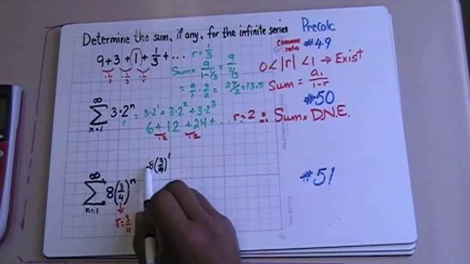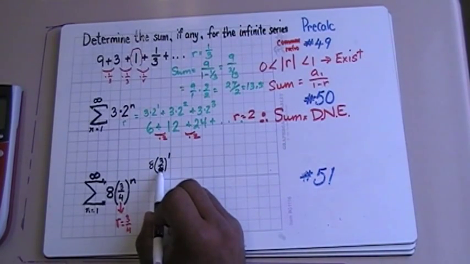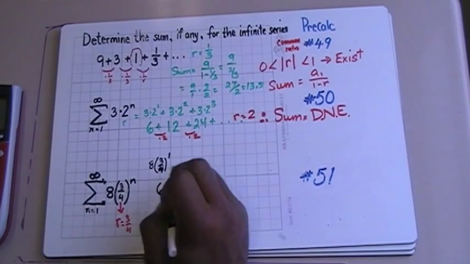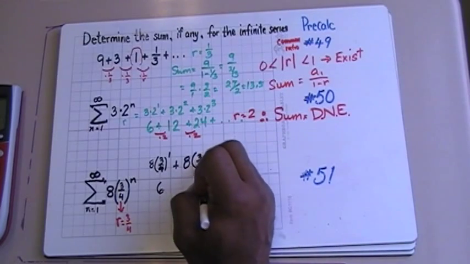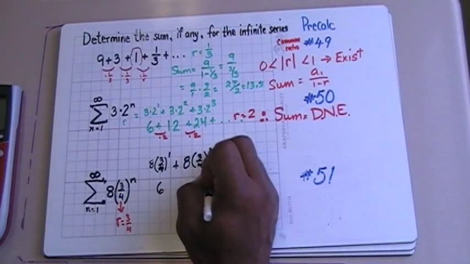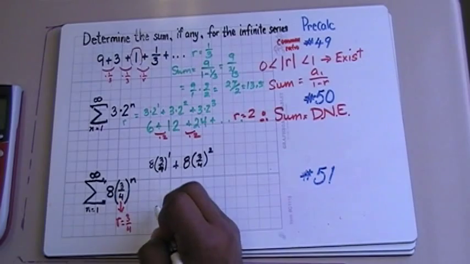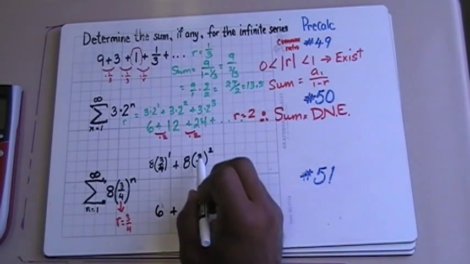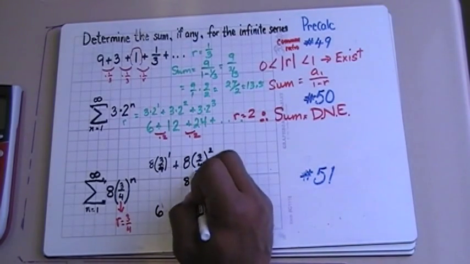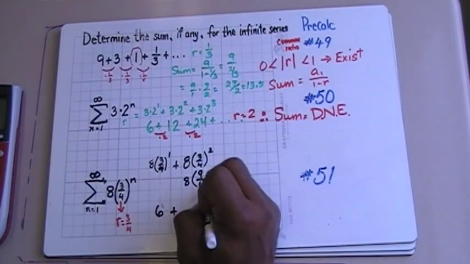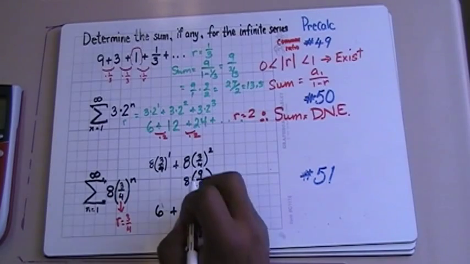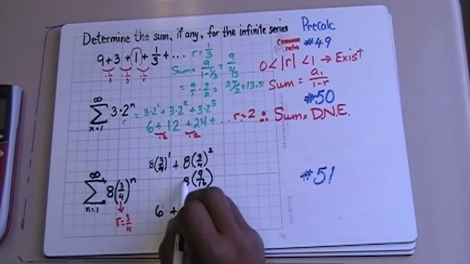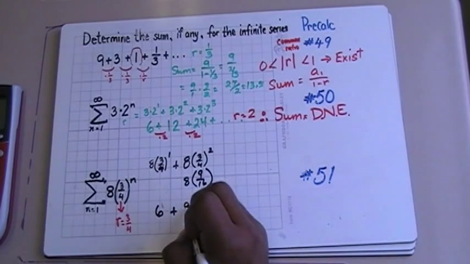That's going to give me 24/4, and 24/4 is 6, plus 8 times 3/4 squared. That's going to give me 8 times 9/16. I can go 8 over 16 is 1/2. So this is 9/2.